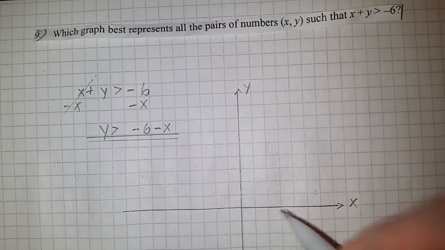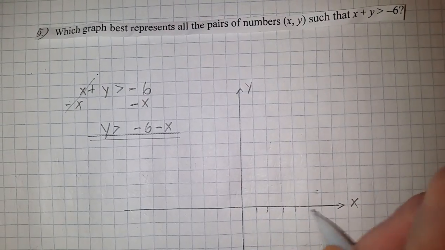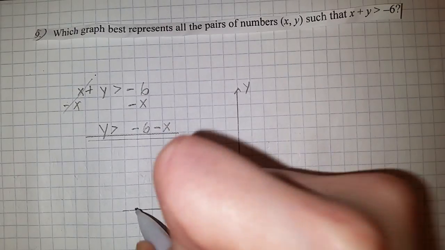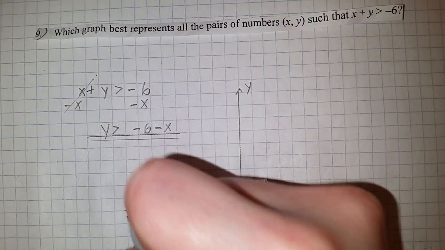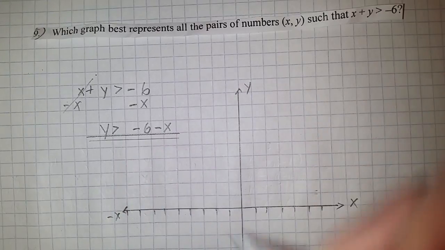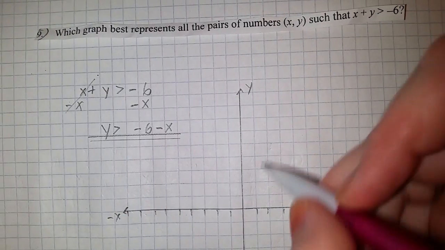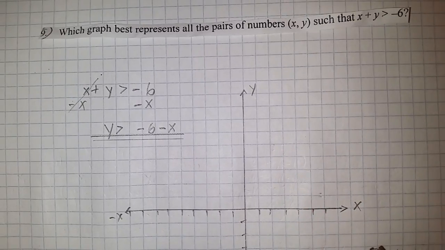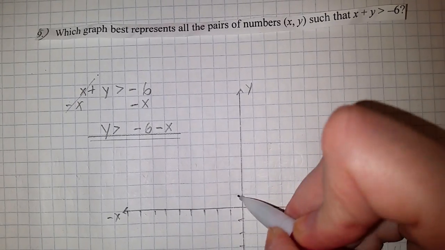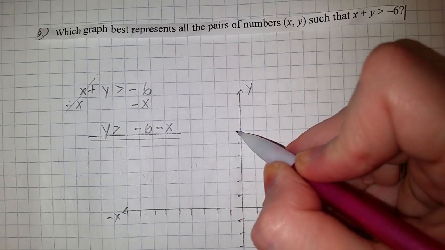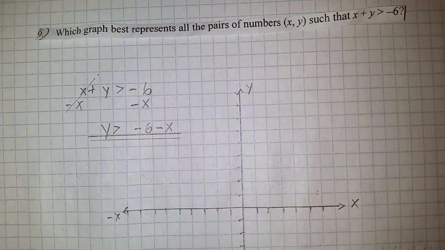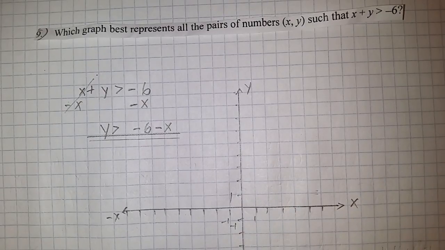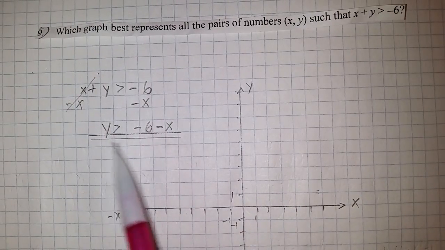Always label your axes. 1, 2, 3, 4, 5, 6, 7, 8, 9. This is my negative x. This is my negative y. 1, 2, 3, 4, 5, 6, 7, 8, 9, 10. So this is +1, -1, -1, +1. And we are looking for this inequality.